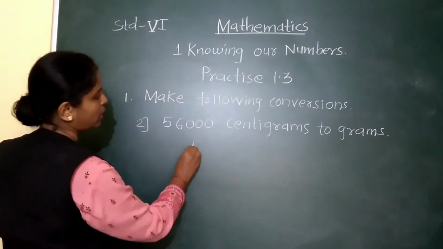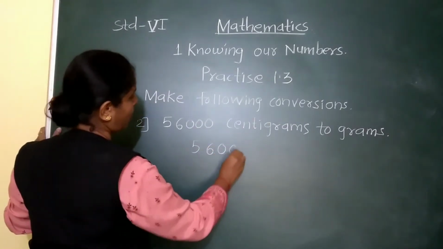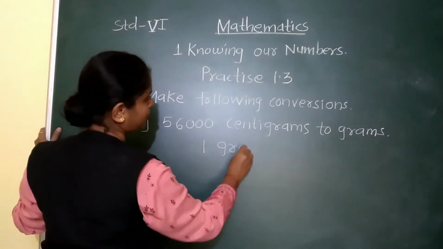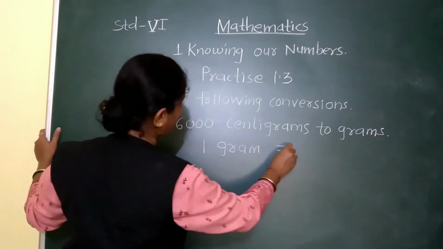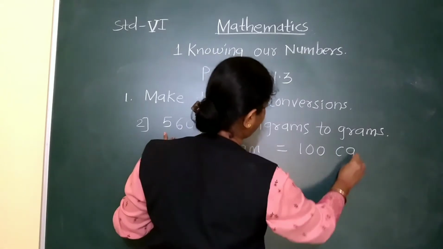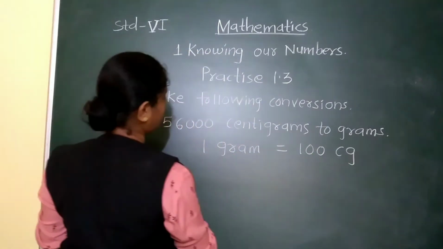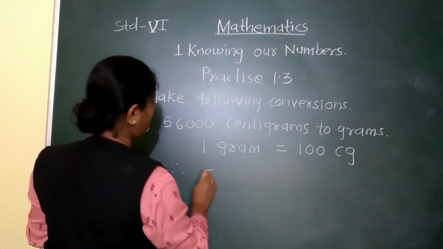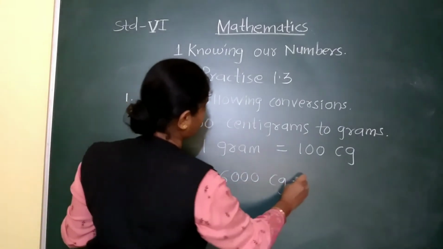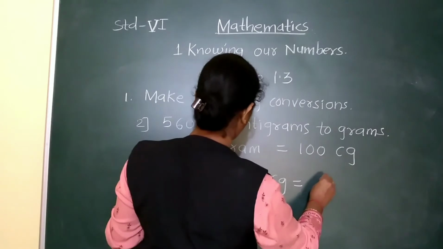So, see here. First I will write 1 gram is equal to 100 centigrams. Therefore, 56,000 centigrams is equal to how many grams?